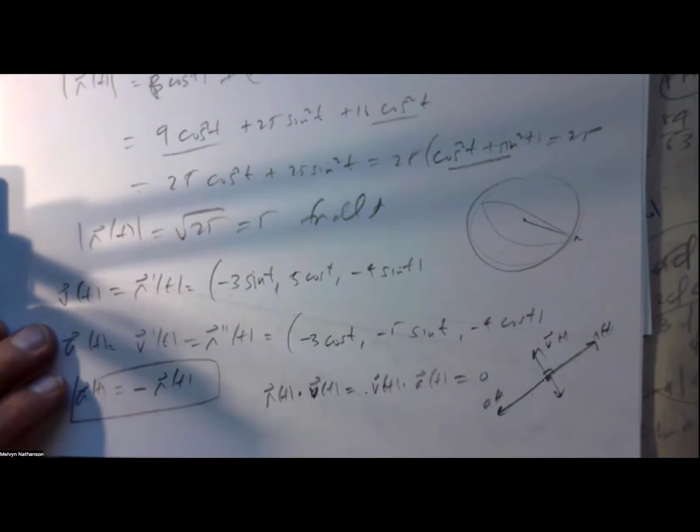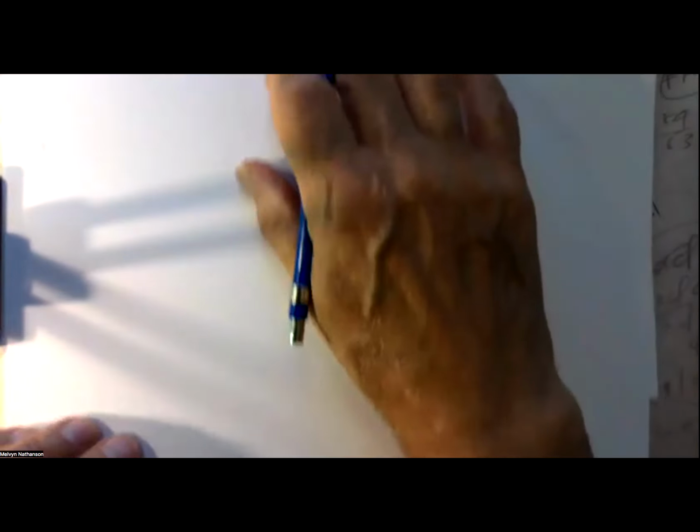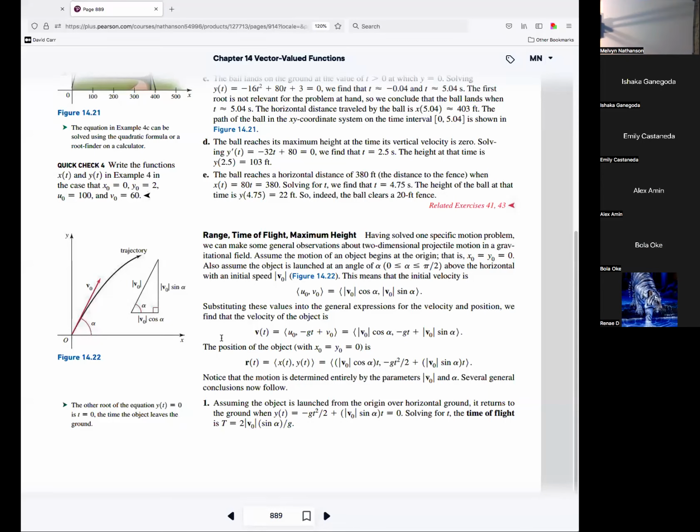So we can now do some problems which are very similar to problems that you already did in beginning calculus. Let's look at an example. Let me go back to the text. Range, time of flight, maximum height. Suppose the motion of some particle starts at the origin.